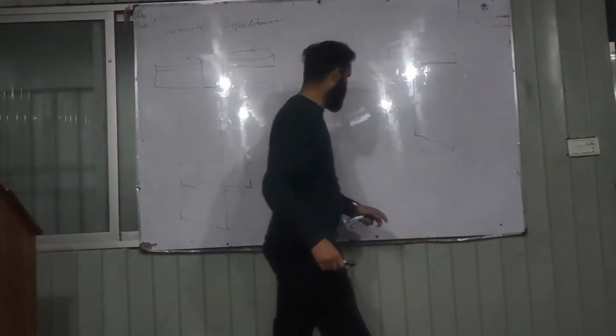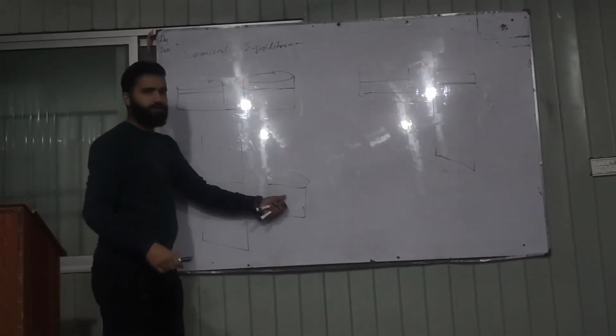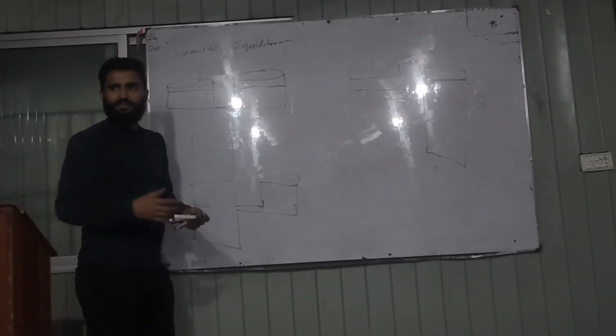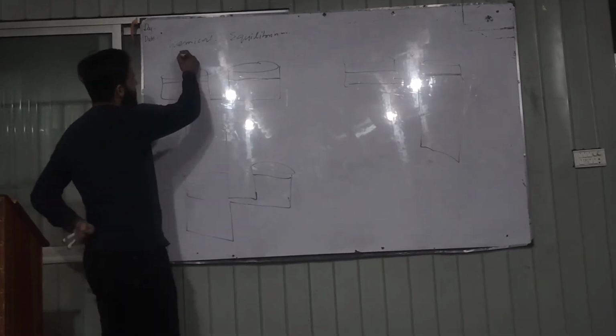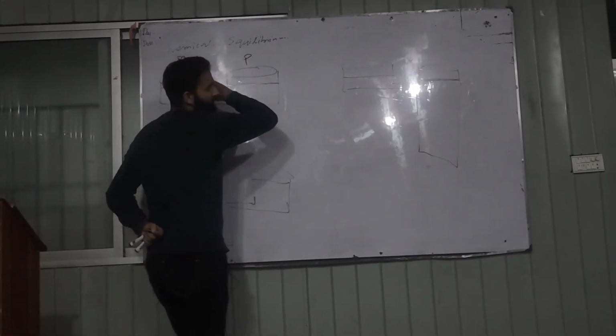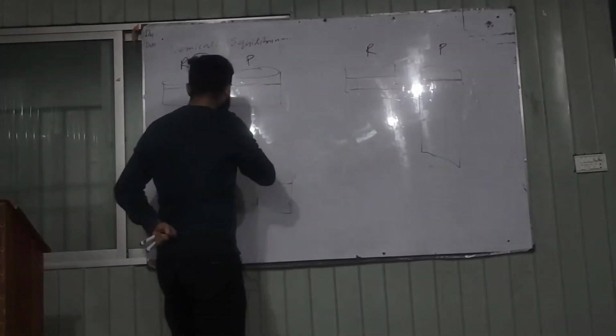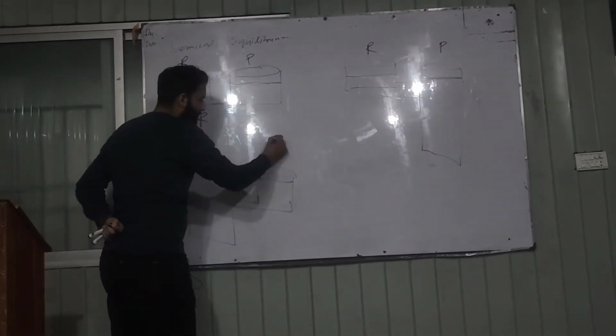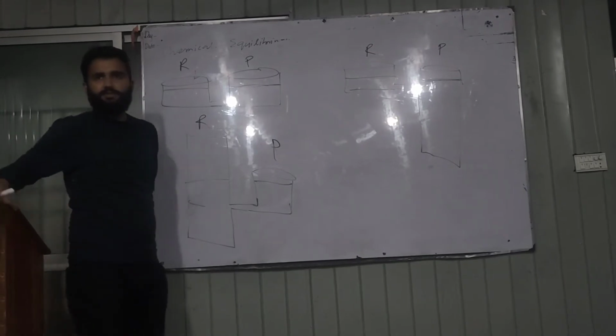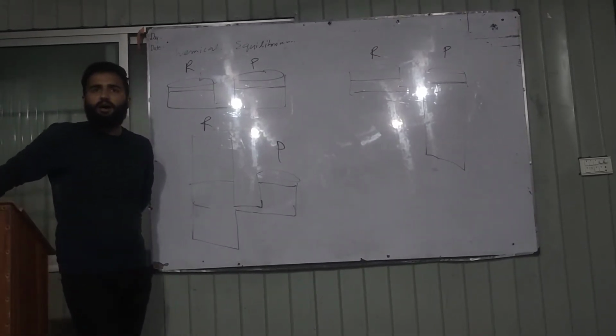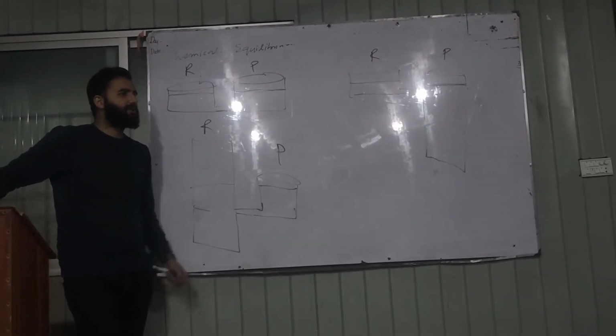What will happen? Water flows from this pot to this pot. Let us assume that we have reactants here and products here, in each of these systems. All these systems are in one state that is called the state of equilibrium.